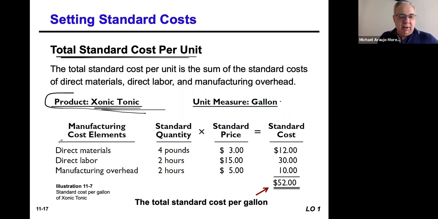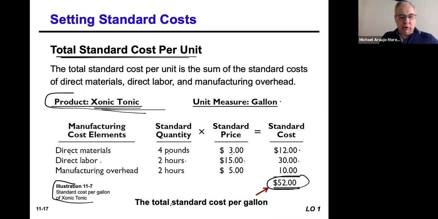So here are the cost elements that we have standardized. Direct materials, 4 pounds, $3 a pound, standard cost 12 bucks. Direct labor, 2 hours, 15 bucks an hour, 30 bucks total. Manufacturing overhead is based on labor, so 2 hours at 5 bucks, 10.